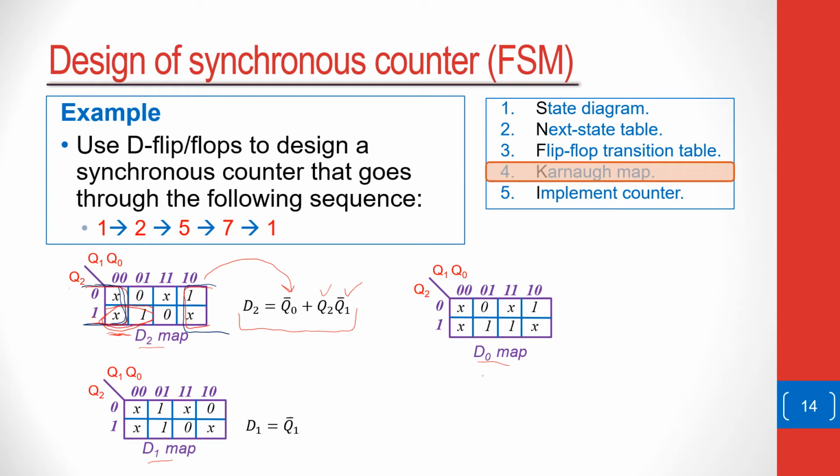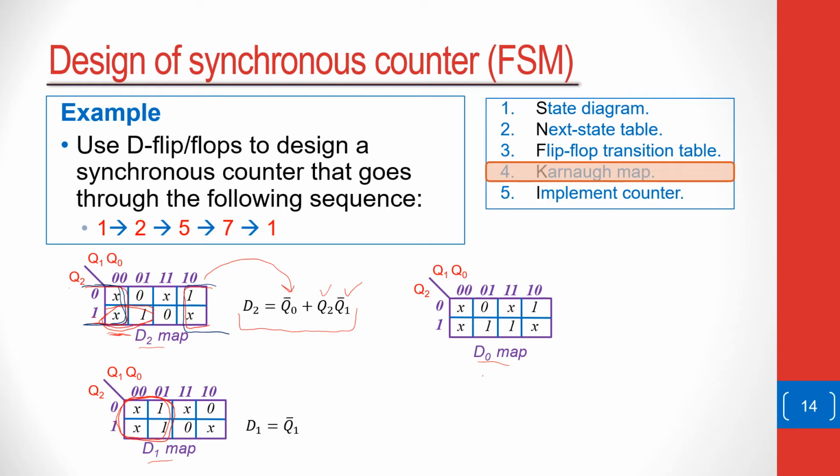Now we have the second one, which is the D1. The way we look at it is we do it in the sum of products, obviously, and the biggest group that we can draw here is the group of 4s. Remember, you can always go back and revise your K-maps. There's a video that I've just put up.